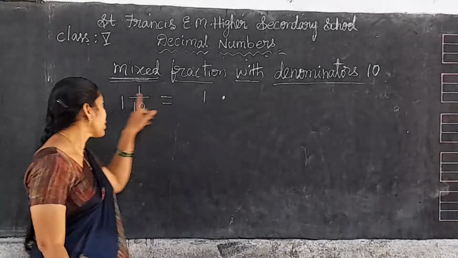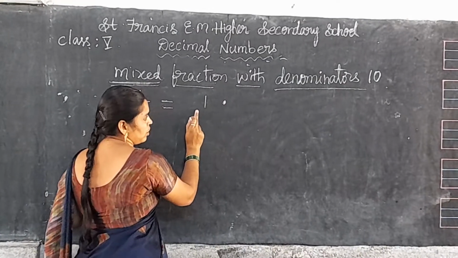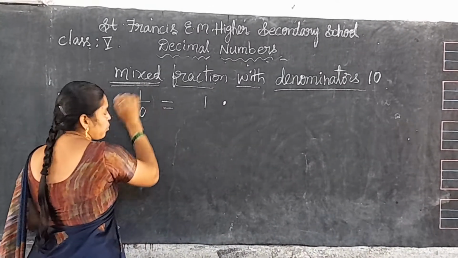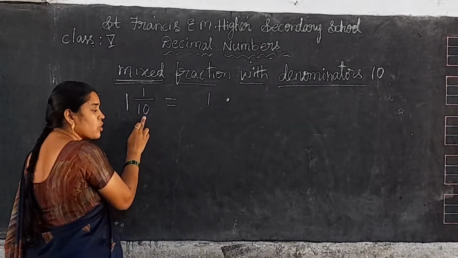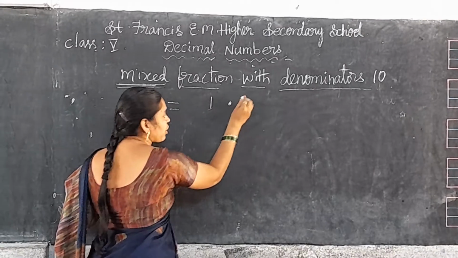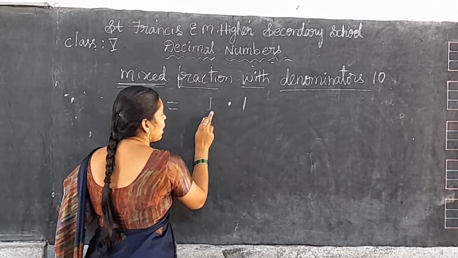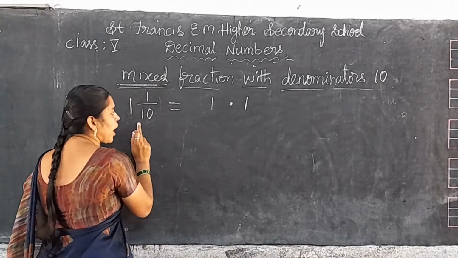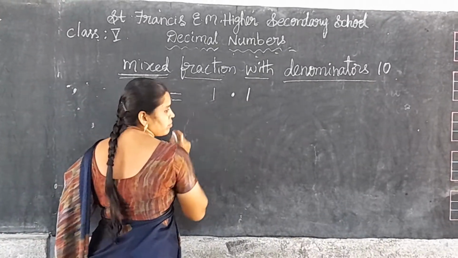So this is the whole number, and you should write it before the point. This is the proper fraction, 1 by 10. What is the value of 1 by 10? 0.1. Here no need to write 0 because 1 is there. So after that what do we have to write? 1. This is the conversion of a mixed fraction into a decimal fraction, 1.1.